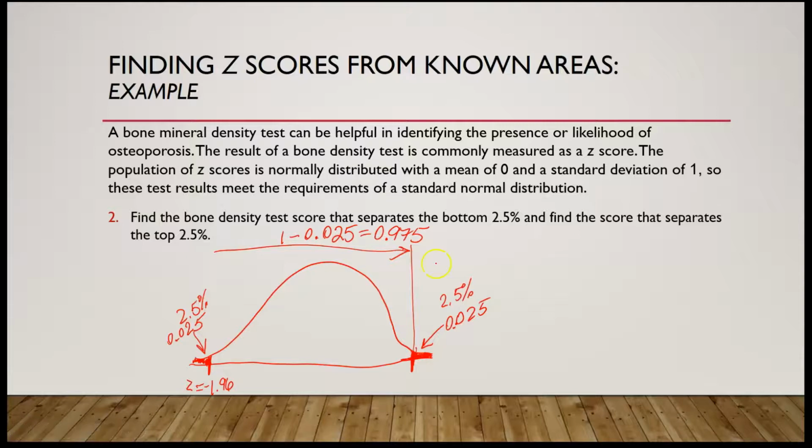The test score that separates the top 2.5% is 1.96. As you can notice, these two scores are opposite. That's because the bell-shaped distribution is symmetrical.